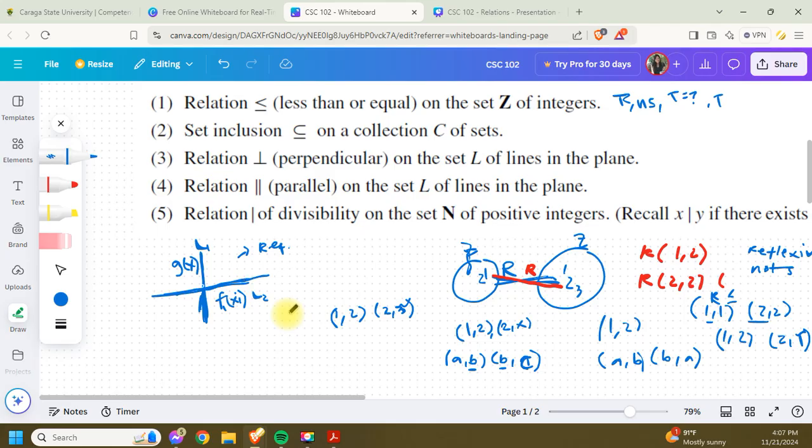Now, they are related through the fact that they are perpendicular. Now, for reflexivity, the question is, if g of x is perpendicular to f of x, does that mean that f of x is also perpendicular to g of x?